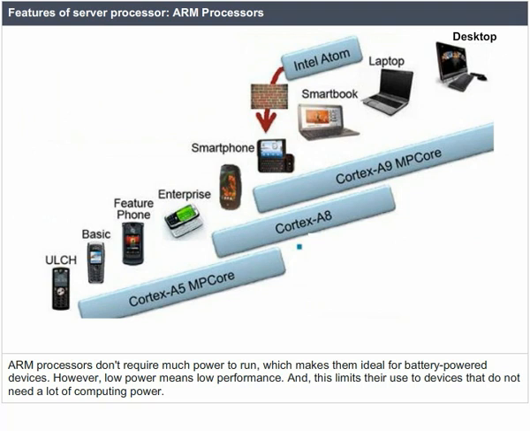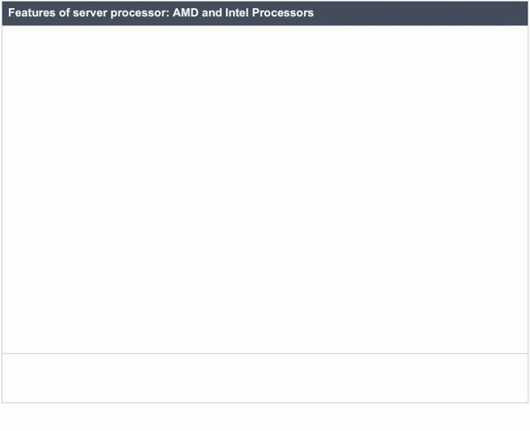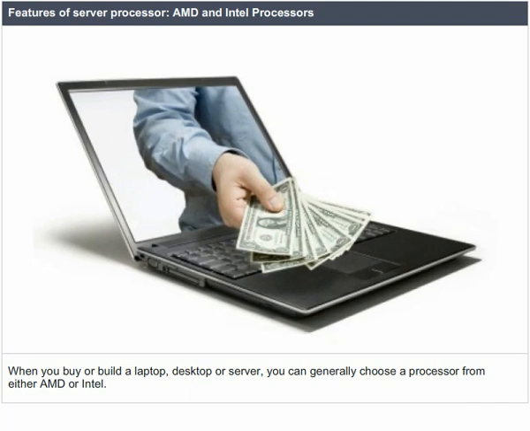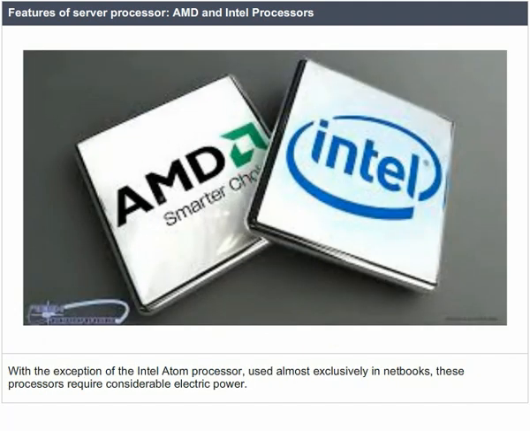Features of server processor: AMD and Intel processors. When you buy or build a laptop, desktop, or server, you can generally choose a processor from either AMD or Intel. With the exception of the Intel Atom processor, used almost exclusively in netbooks, these processors require considerable electric power.